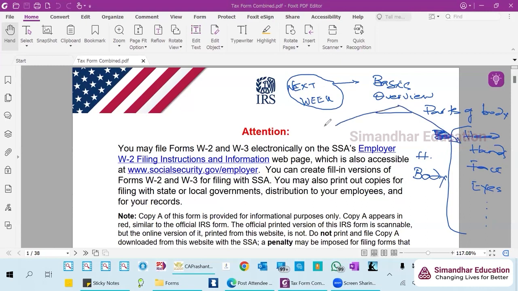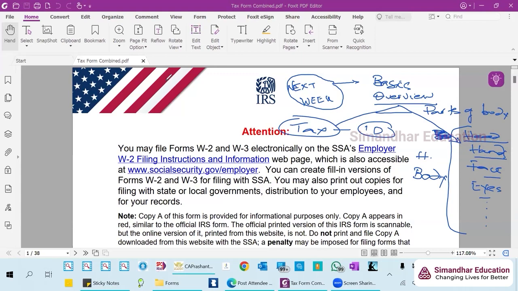I'll give an overview of tax, overview of individual tax. So we'll be going from top to bottom. Okay, but it's just an overview. Then I'll say, okay, head means this, the function of head is this, hands, face, eyes, so on. Same way, we'll get into each of the elements of tax.